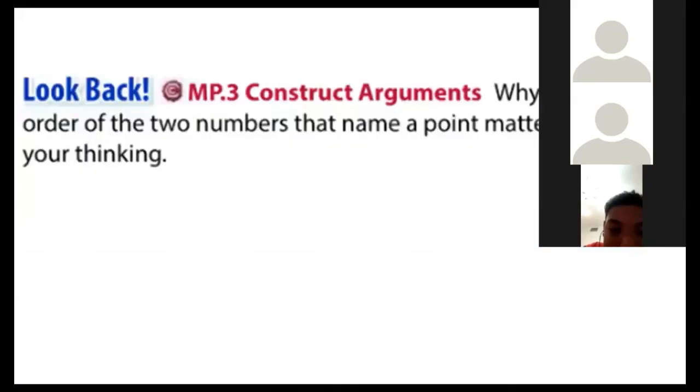Look back, page number 777. Why does the order of the two numbers that name a point matter? Explain your thinking. I told you that the ordered pair is like an address.